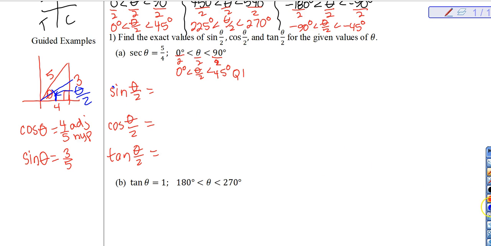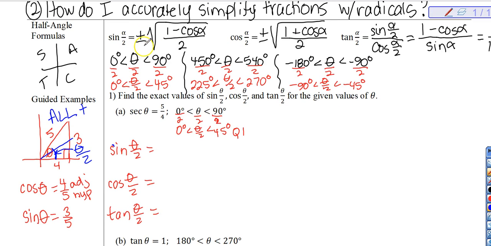One other thing I need to mention: since theta over 2 is in quadrant 1, all trig values are positive in quadrant 1. So that's really important when I choose which formula to use for sine of theta over 2, because remember it's either positive or negative square root. Since I'm in quadrant 1, I'm going to choose positive, and I'm going to put that in a different color than everything else.